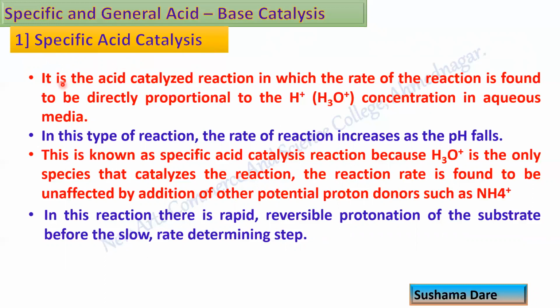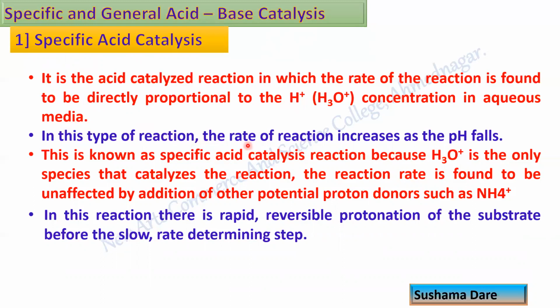So here it is the acid catalyzed reaction in which the rate of reaction is found to be directly proportional to the H plus ion, that is protonated water, concentration in aqueous media. So this reaction is only catalyzed by H plus ion.